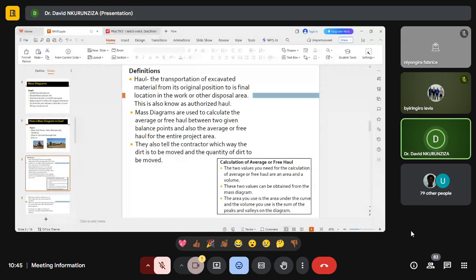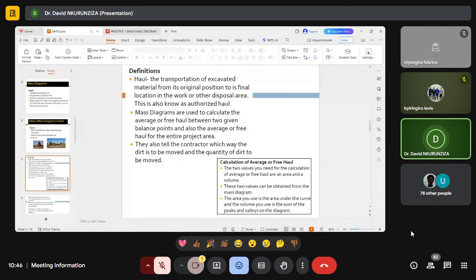So the haul distance is the distance from the cut to the use. Of course, the haul distance is also known as the authorized haul. It is between the origin and the final destination.